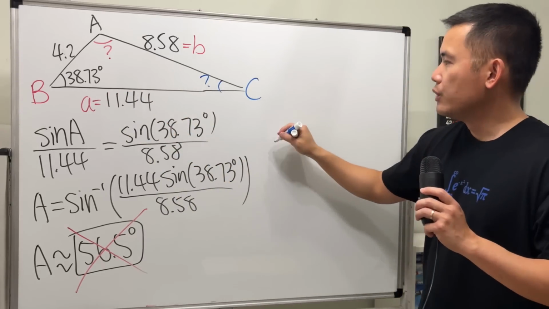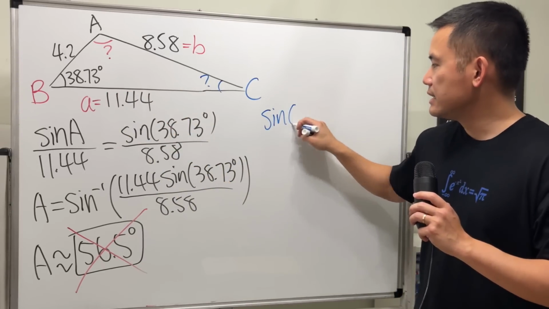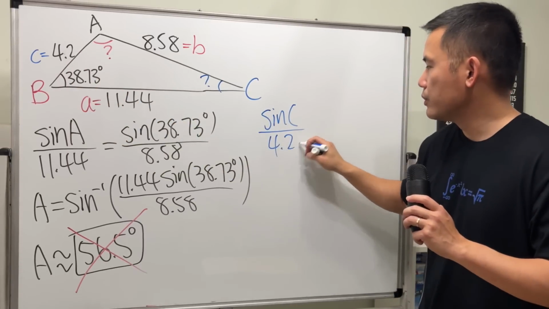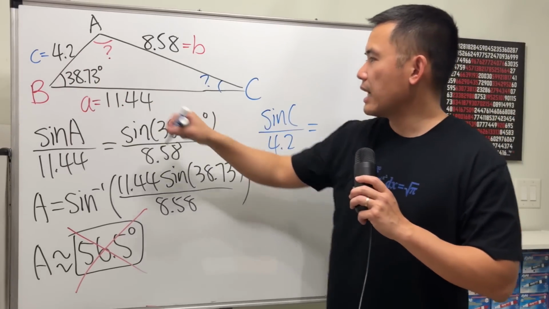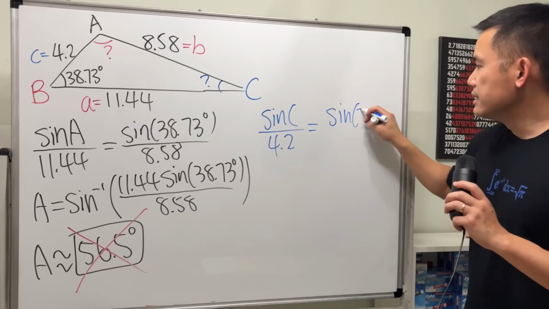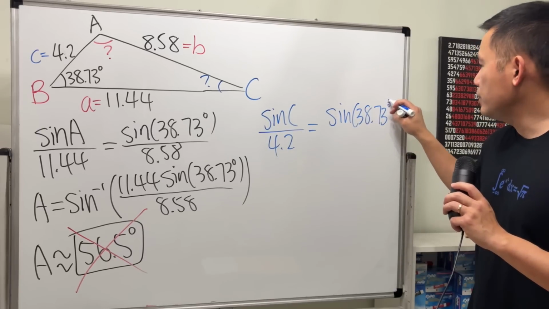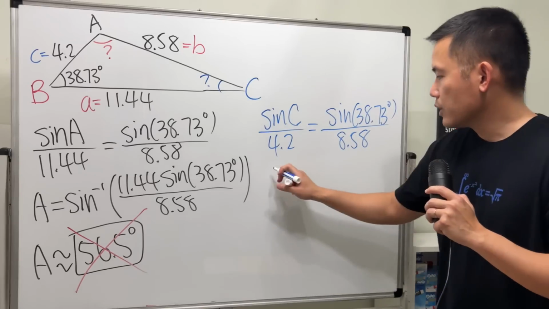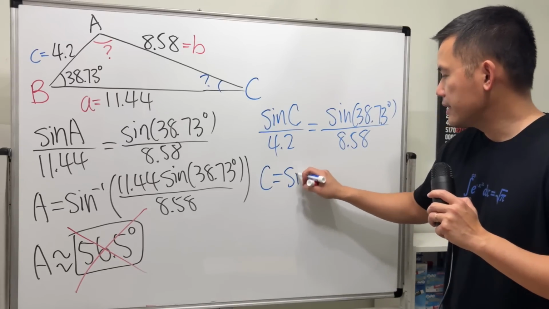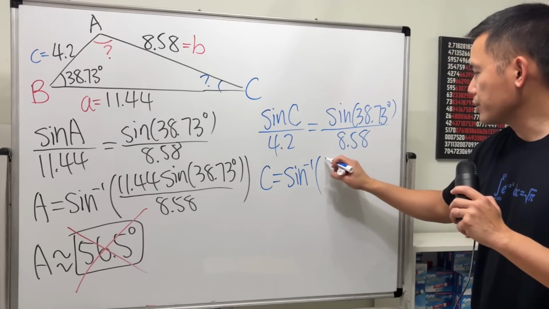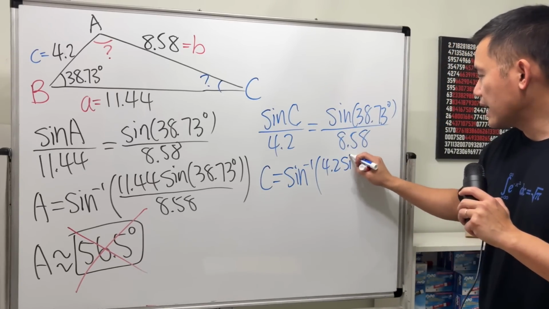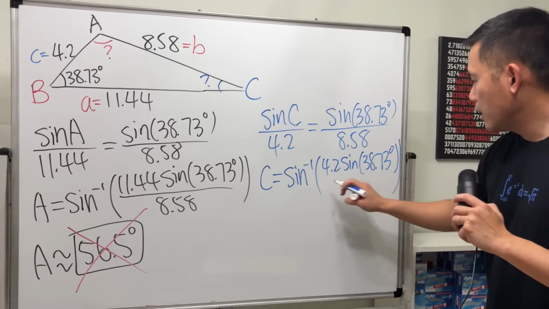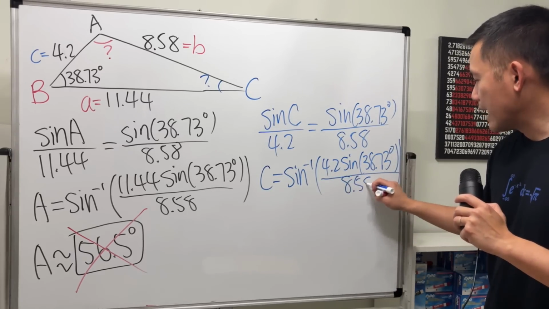So if you do that, you will use sine C over little c, which is 4.2, and that will be equal to sine of 38.73 degrees over 8.58. So C will just be equal to, take the inverse sine and then multiply this to here. Here we have the sine of 38.73 degrees over 8.58.